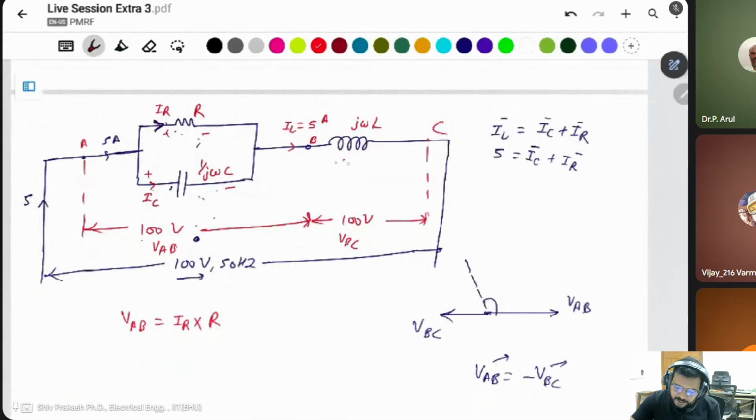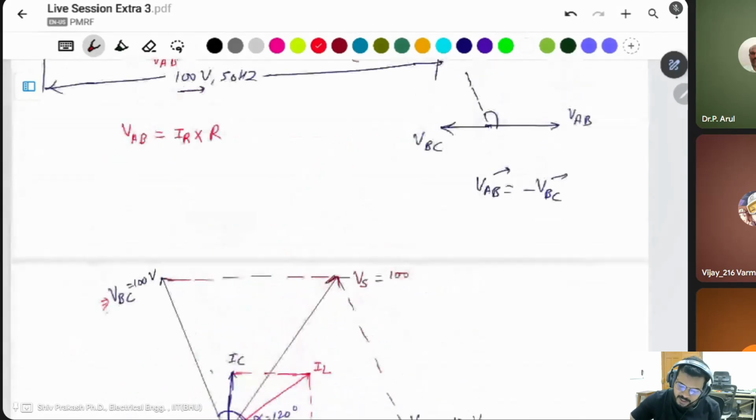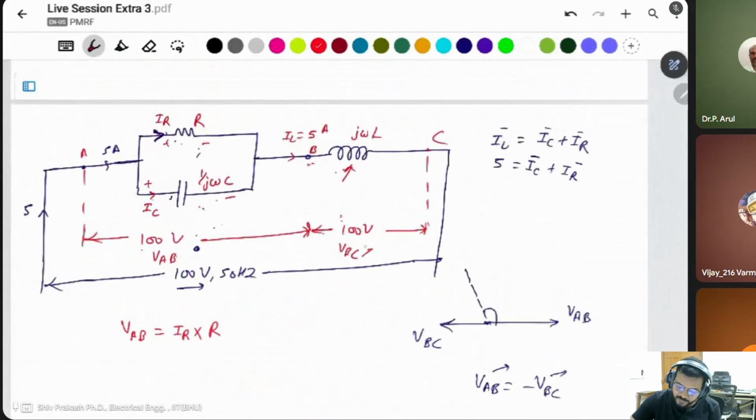In the inductor, what is the current and voltage difference? 90 degrees. An inductor's current and voltage difference is 90 degrees. That means this is the inductor voltage VBC, and this is the inductor current IL.